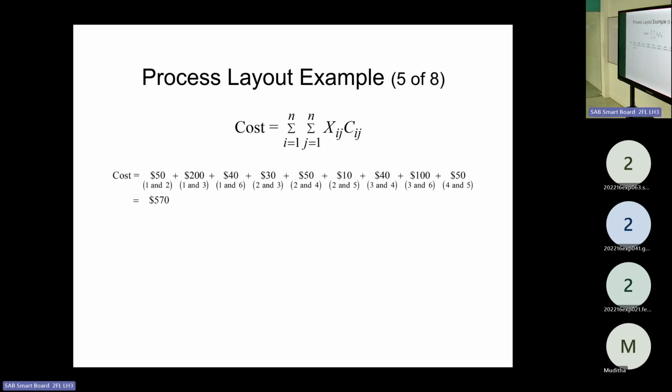Now we try to improve the layout. What do we mean by improvement? Relocate the departments within the building in order to minimize this total cost. When we do it manually, by trial and error method, we need to make such improvements one at a time, right?